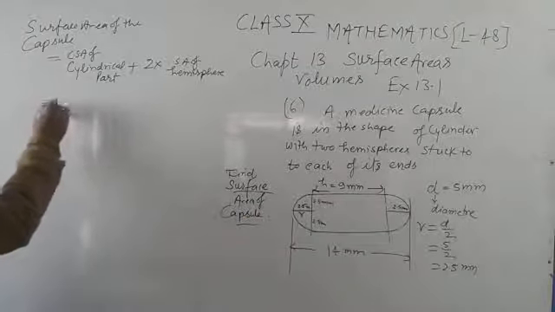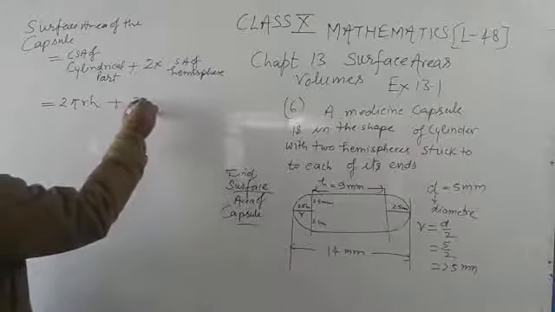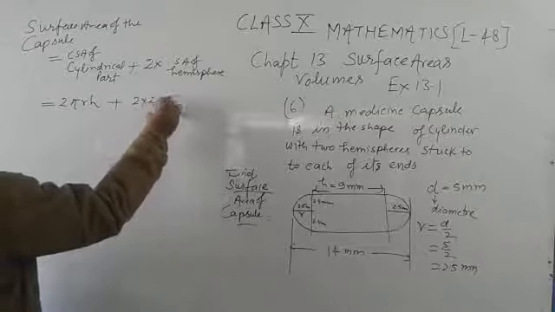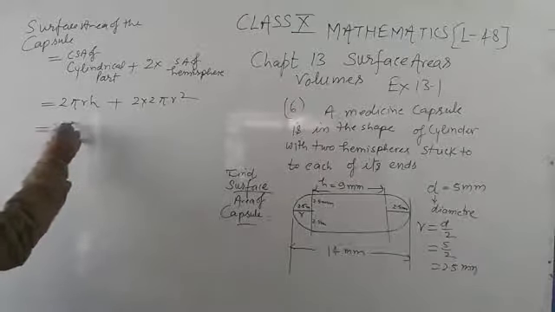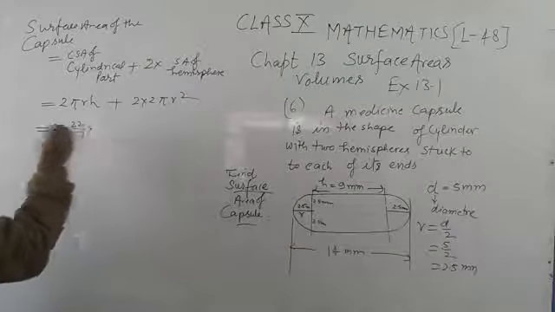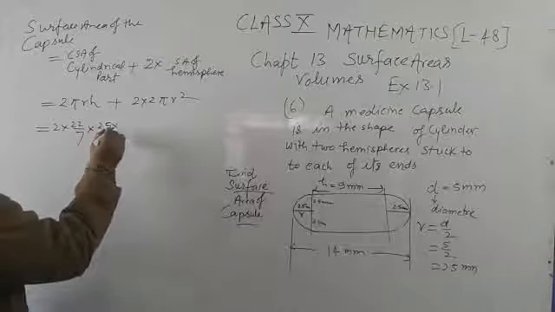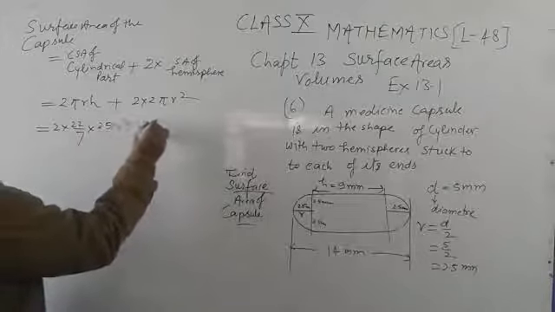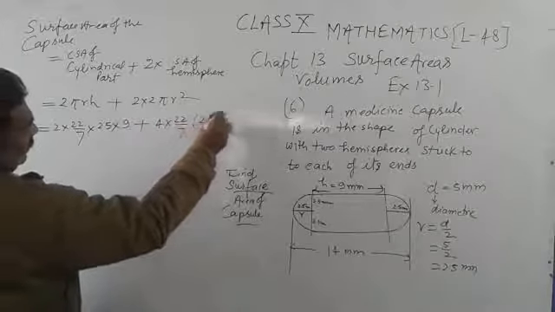So now using formula 2 pi r h plus here 2 into again 2 pi r square, value 2 into 22 upon 7, radius is 2.5 and height is 9, plus 4 into 22 upon 7 into radius 2.5 square.